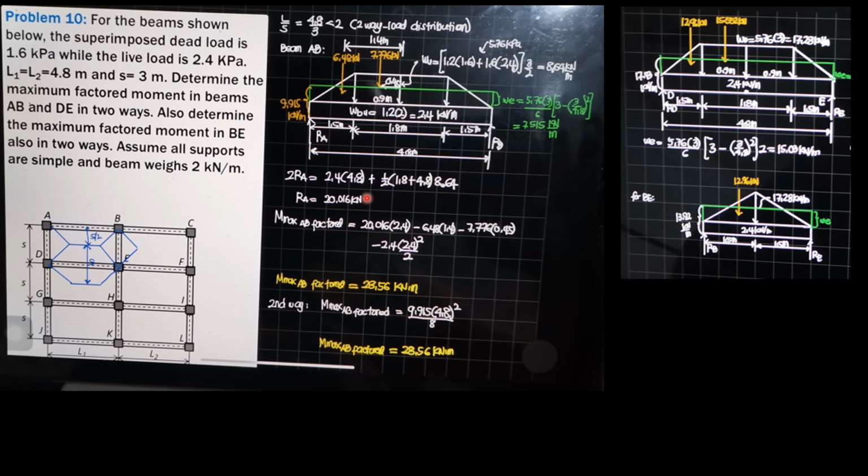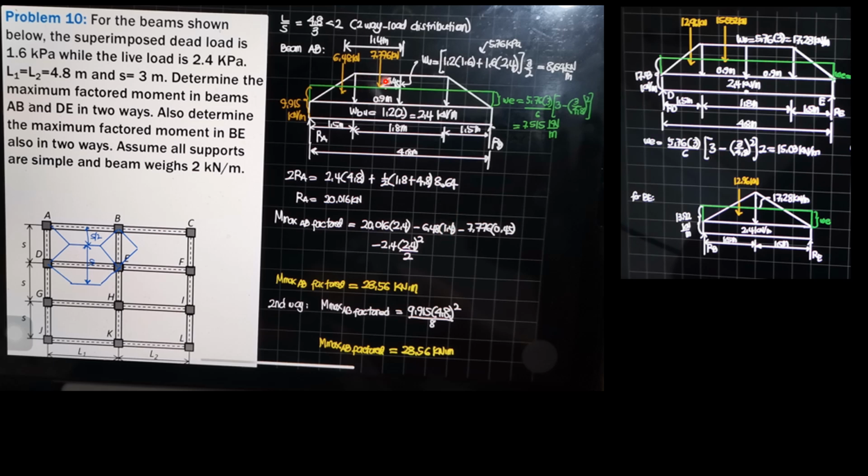So the maximum factored moment in the exterior beam AB is equal to the moment at the center: RA, which is 20.016, moment arm 2.4, which is half of 4.8, minus 6.48 kilonewtons, which is the area of this triangle, 1/2 of 1.5 times 8.64, so 6.48. Then the moment arm is 1/3 of 1.5, 0.5, plus half of 1.8, 0.9, so that's why you get 1.4.